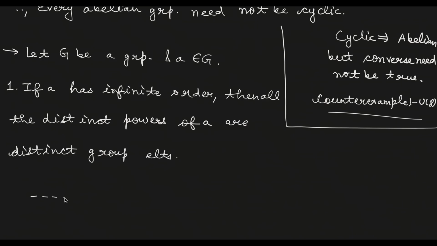Means A to the power minus 3, A to the power minus 2, A to the power minus 1, identity, A square, A cube, and so on. These are all distinct elements.